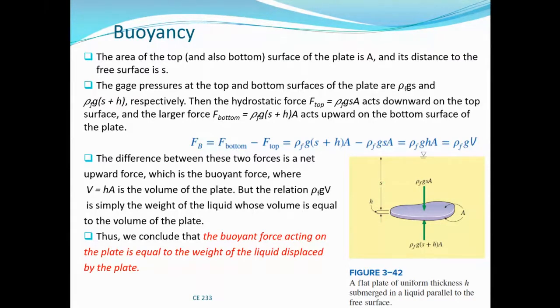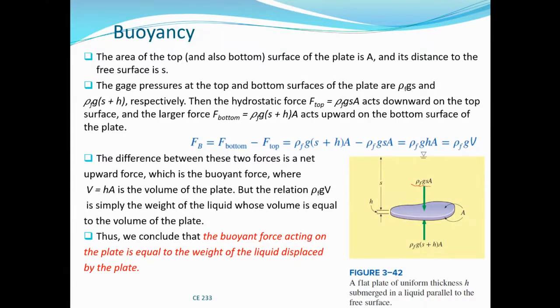So we have rho G S, and to get the pressure force we multiply by the area. From the bottom, the distance has increased due to the height H, the thickness of the plate. So instead of S, we have S plus H. This gives the pressure force from the bottom.